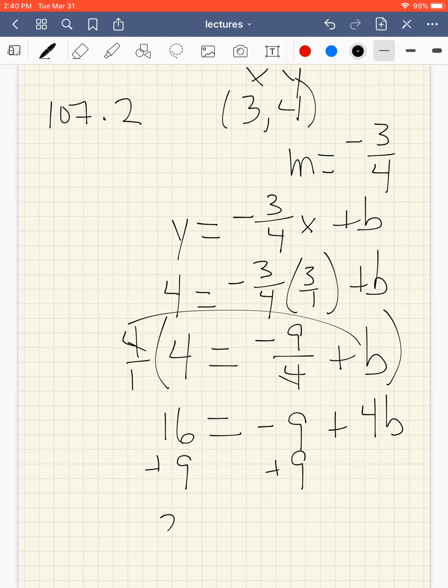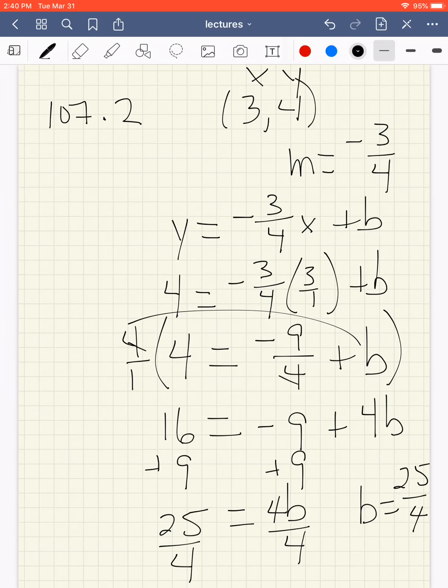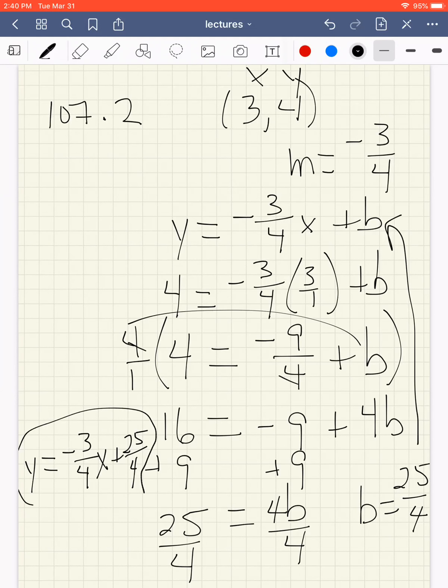So I get 25 equals 4b. And I divide both sides by 4. So that gives me b is equal to 25/4. So remember, we take that and put it right here, and that gives us the equation of y equals -3/4 x plus 25/4.